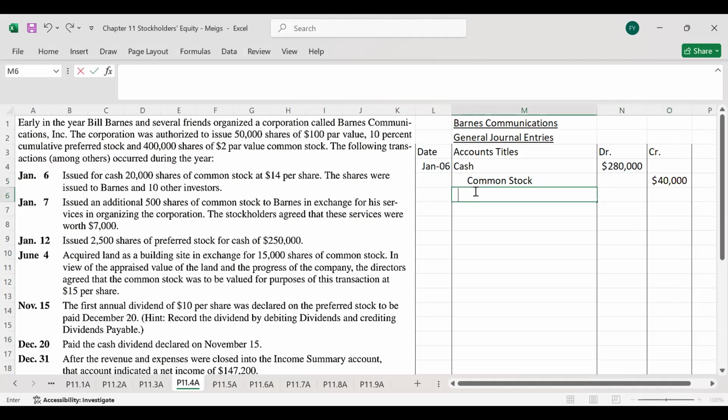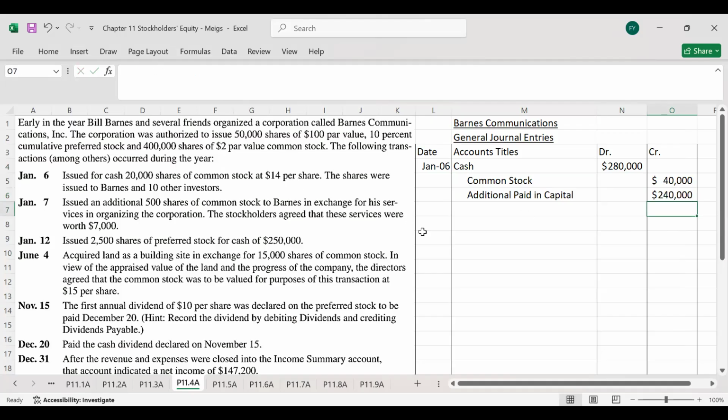And then the remaining amount is additional paid in capital. Total number of shares are 20,000, whereas the difference between 2 and 14 is 12. So 12 is the additional paid in capital. So this is the transaction on January 6.